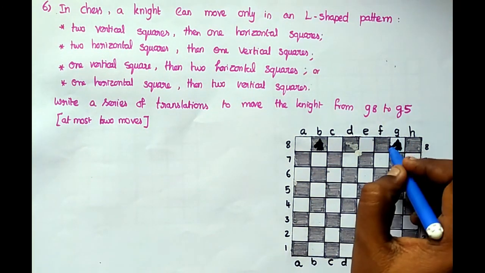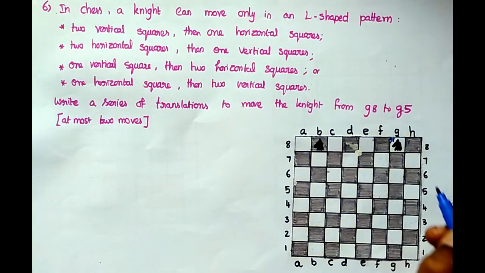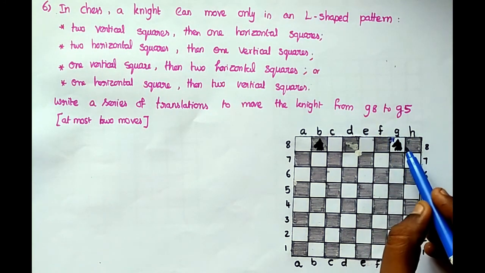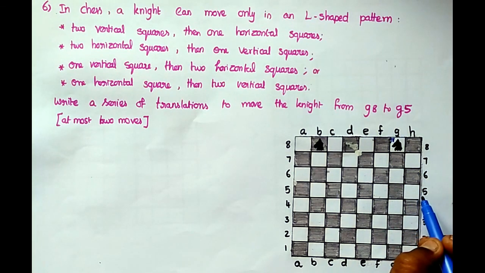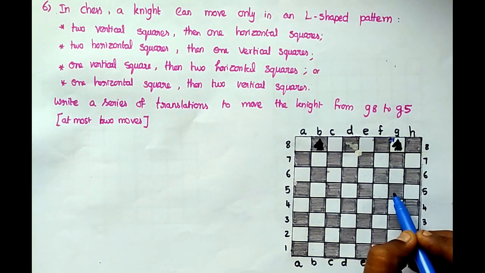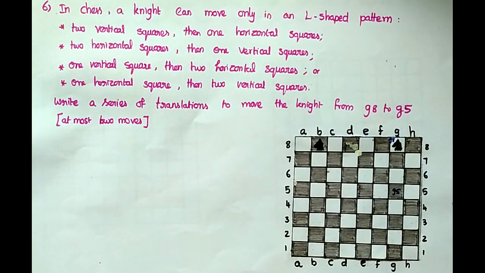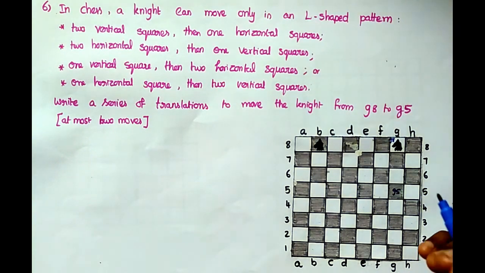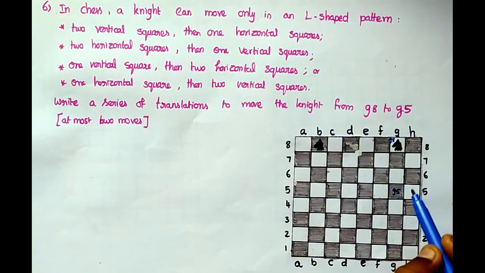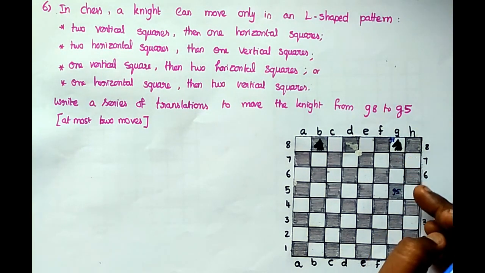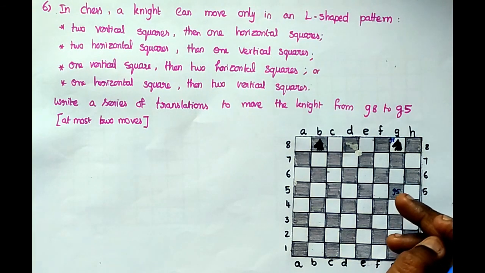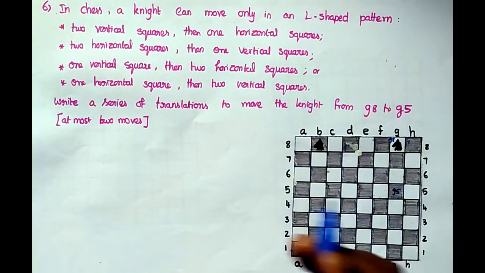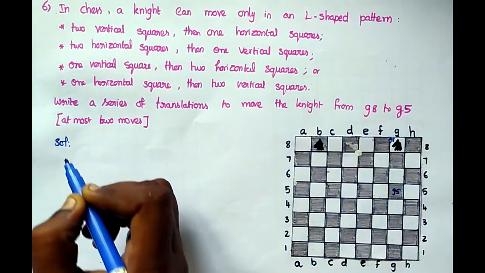Here it is G8, from here to G5, here G5, and then at most two moves. So from G8 to G5 we have to move. What are the series of translations? So listen.